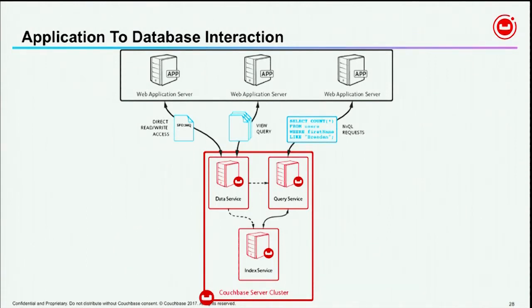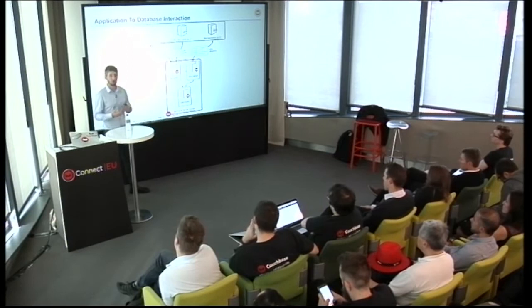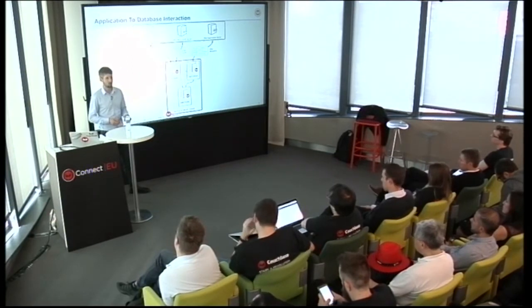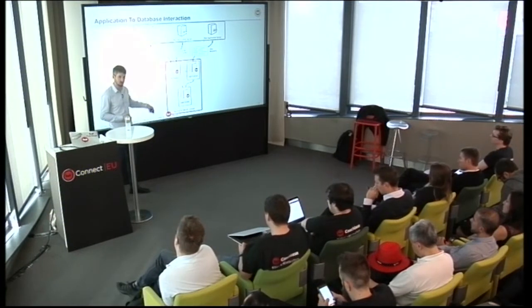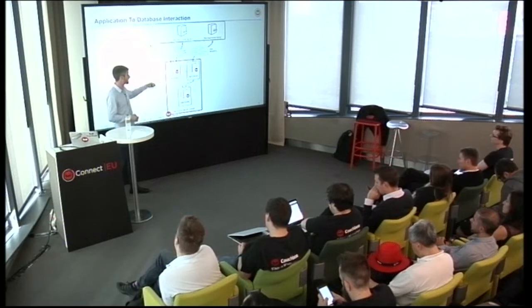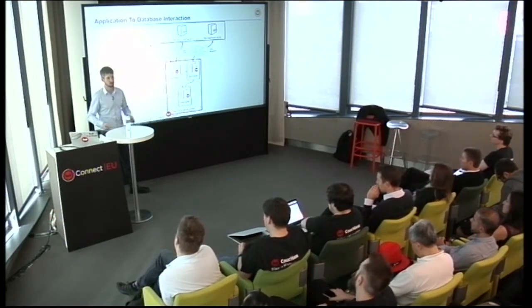If we take a look at this picture, it may look like we're talking about one node with multiple services running in there. We can be, and that's possible. You can run all of your application on top of a single node of Couchbase, which is useful from a development perspective. But this may also be a cluster underneath where each of these services is deployed across one or more nodes in a distributed fashion.